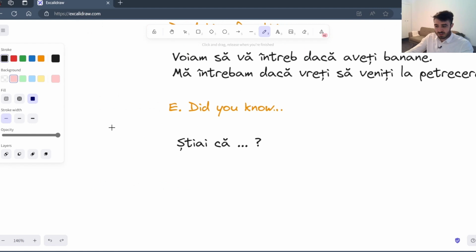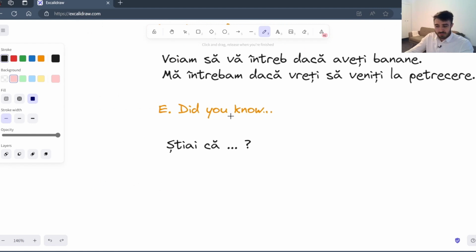And then you have the final one, did you know? This is a very easy one. Instead of asking did you know, it's știai, so you use the imperfect. Obviously, this doesn't translate to English. It will be something like, were you knowing that?